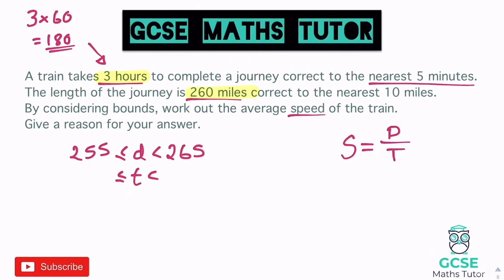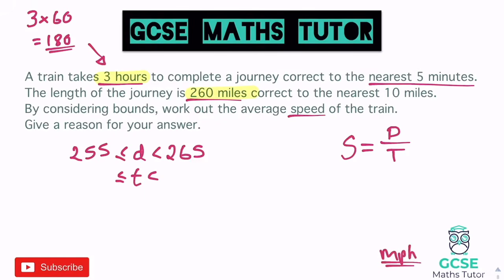So the time it takes is 180 minutes. Now it's to the nearest 5. Now remember, to get the upper and lower bound to the nearest 5, you add 2.5 on and take away 2.5 minutes for the lower one. So 180 add 2.5 becomes 182.5. And taking 2.5 away would become 177.5. Okay, so just be very careful when you're adding 2.5 and taking 2.5 away there.